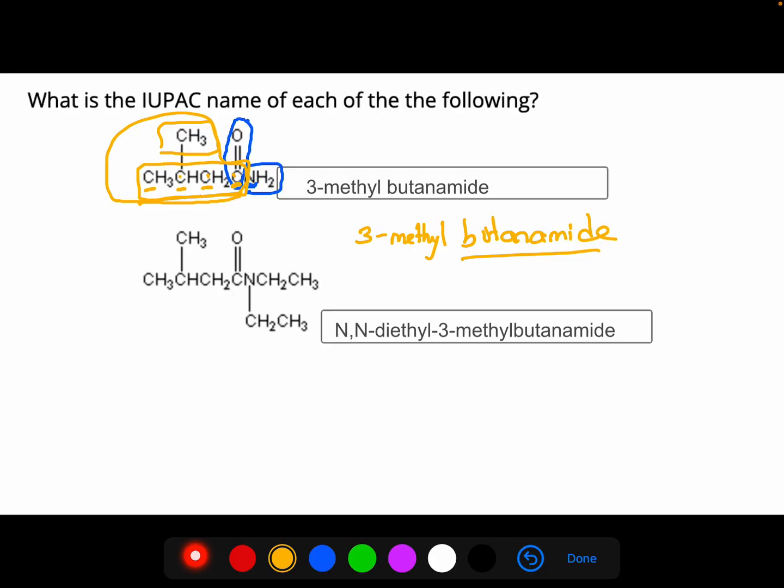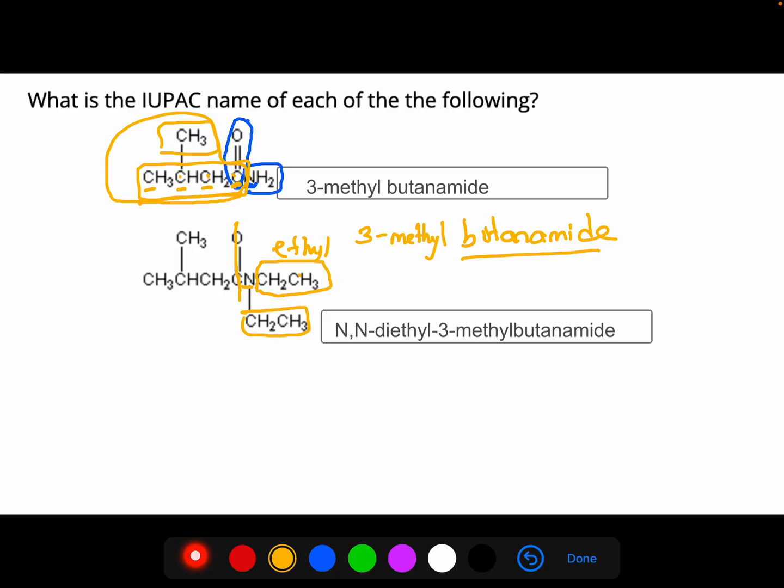Okay, let's look at the next one. So I'm going to locate my carbonyl carbon. That's here. And it's attached to nitrogen. So it's an amide. On that nitrogen, what is located on the nitrogen? I'm only looking at what is directly attached to the nitrogen. On this side, I have 1, 2 carbons. That makes it ethyl.